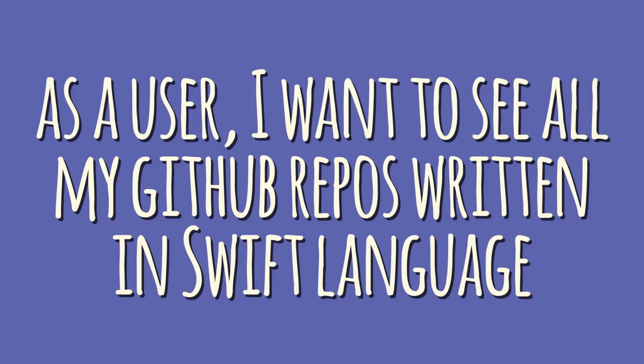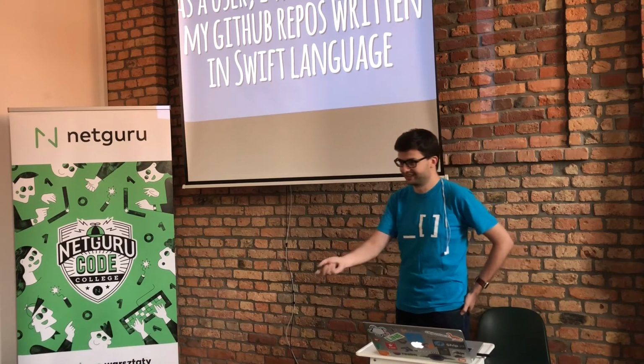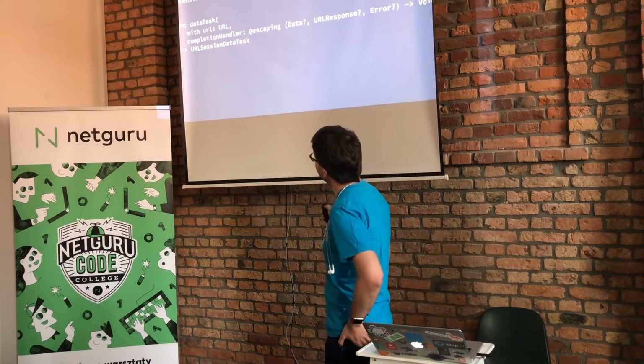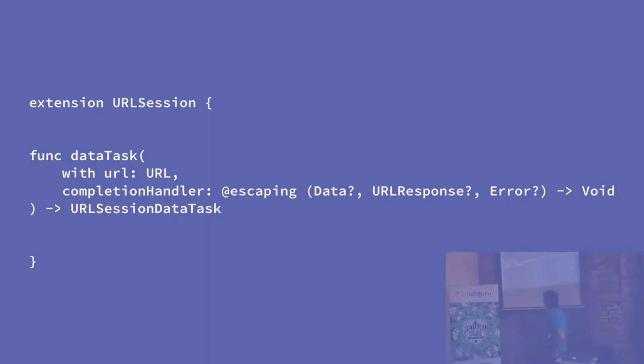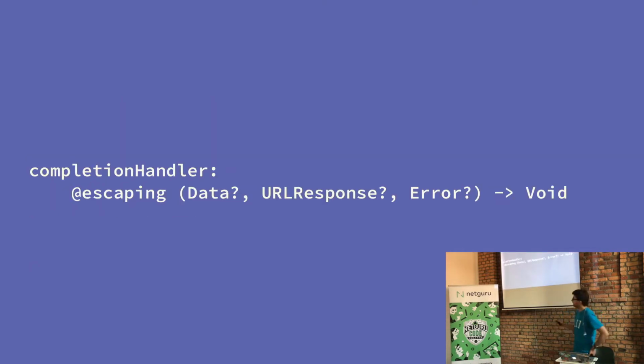So you will probably need to make a request, right? Because GitHub is on the internet, and the internet is done with requests. The basic API that iOS has for networking is done here. We will, for example, be using this method. And the one thing you can notice immediately is this completion handler.